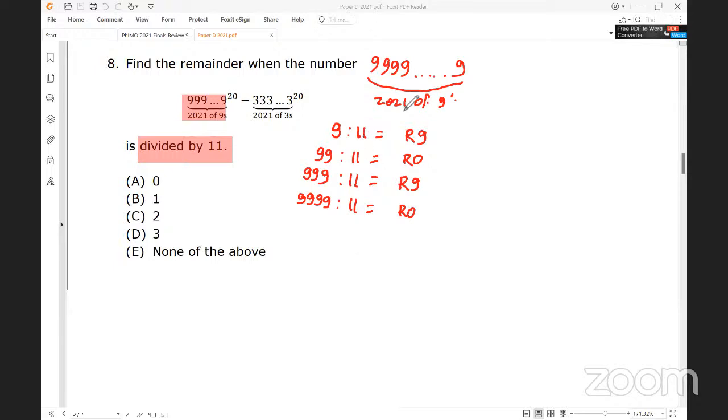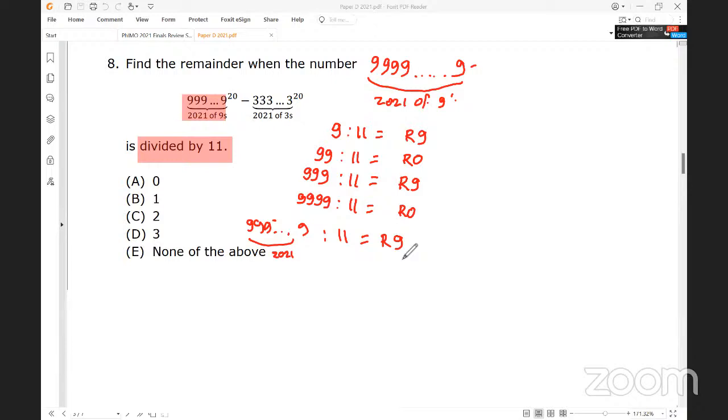In here, there are 2021 9s, so the remainder is 9. I write again: 9, 9, 9, 9, and there are 2021 here, divided by 11, the remainder will be 9.